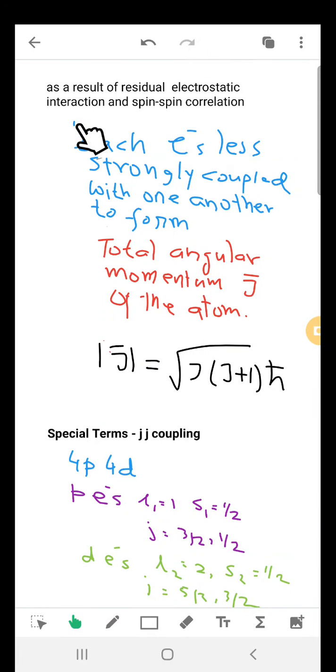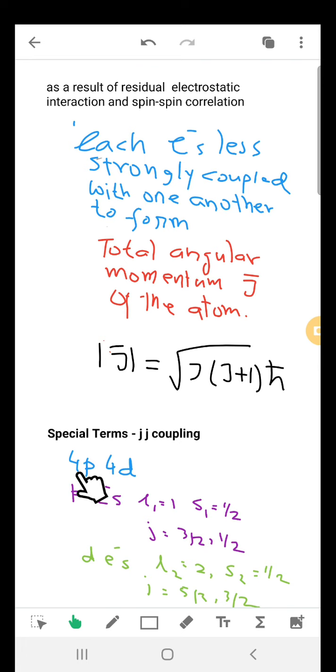Now, as a result of this residual electrostatic interaction and spin-spin correlation, each electron is less strongly coupled with one another to form total angular momentum J, as we have already told. Now let's take an example.